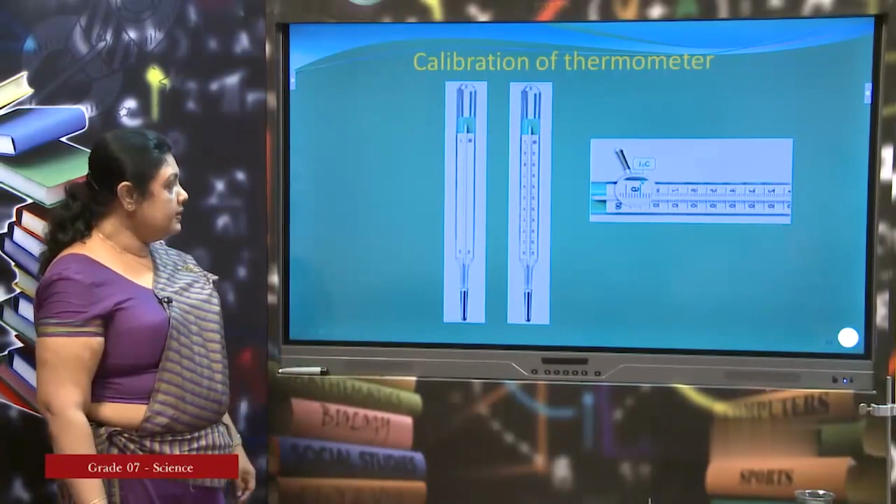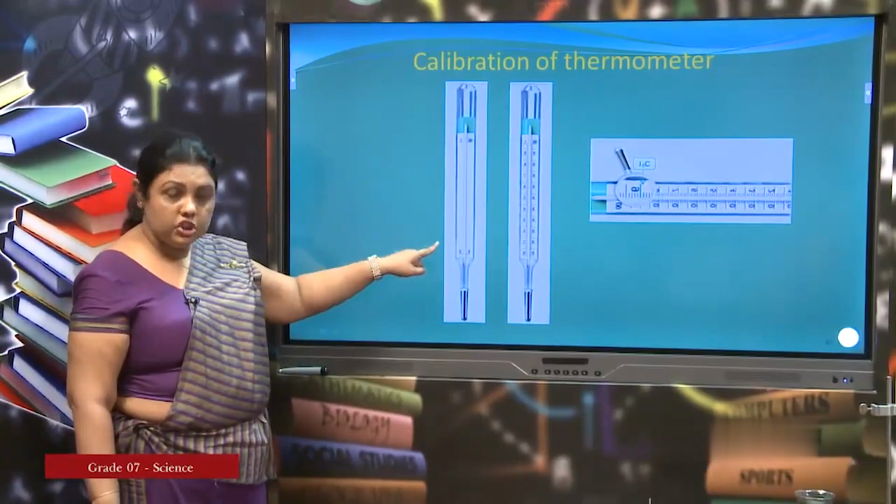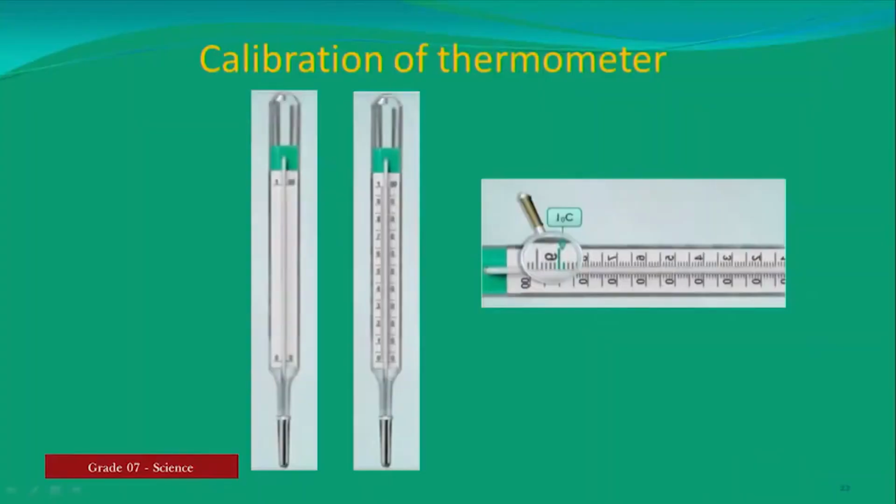So, now look at this. Can you see the lower point here in the first one? 0 is marked. Then can you see the uppermost point, that is 100, is marked. Then when you look at the second one, there you can see there are 100 lines in between.